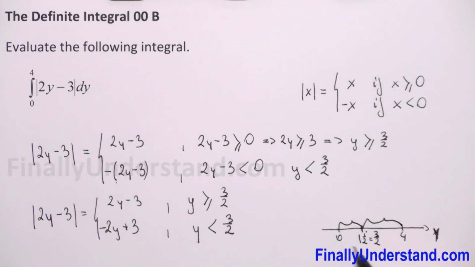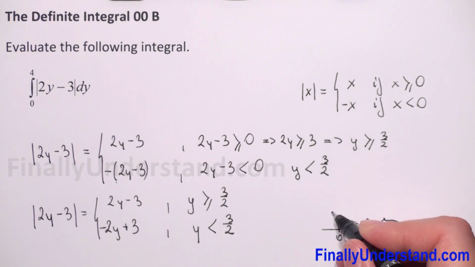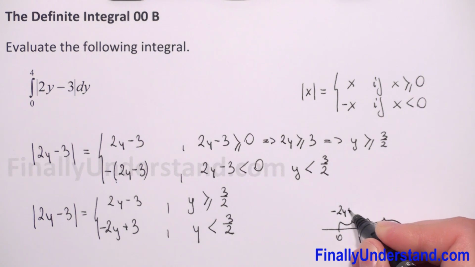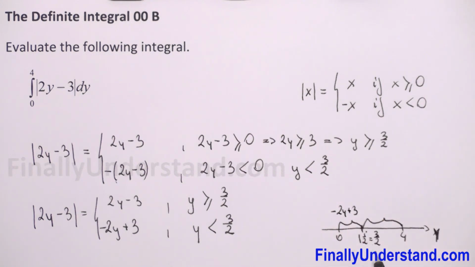For the interval from 0 to 3 over 2, we need to use this formula, because this formula is for y less than 3 over 2. So for this part we have negative 2y plus 3, and for values greater than or equal to 3 over 2, we have 2y minus 3.